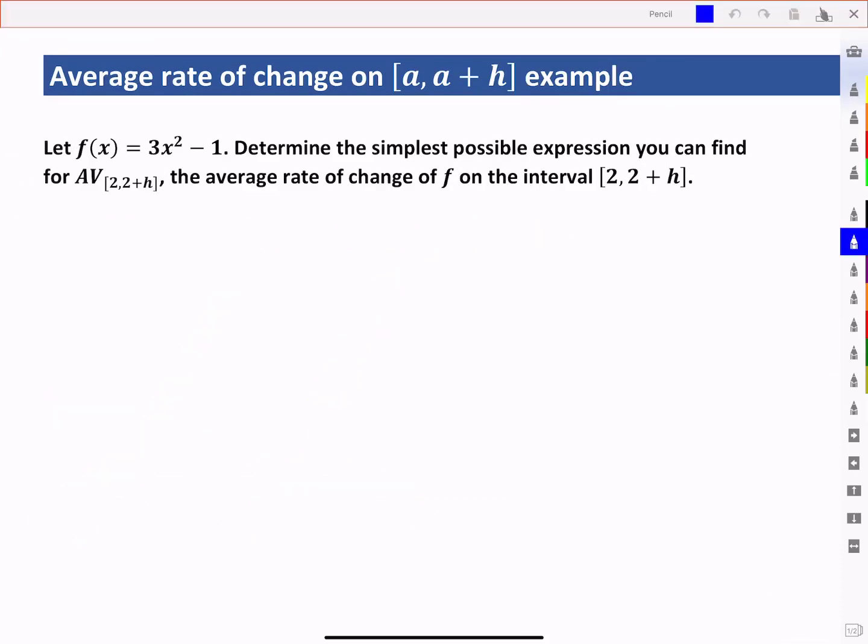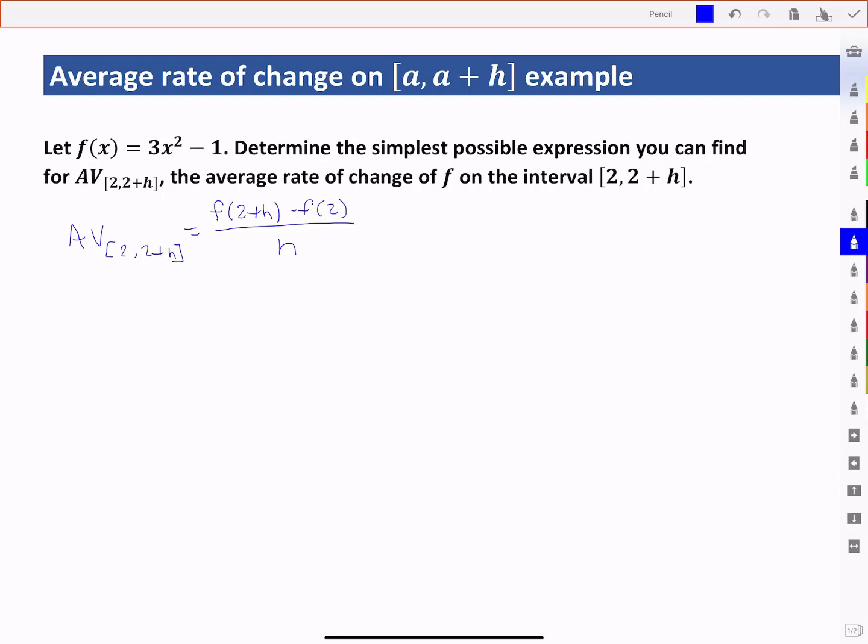By definition, we know that the average rate of change from 2 to 2 plus h equals f of 2 plus h minus f of 2 all over h.